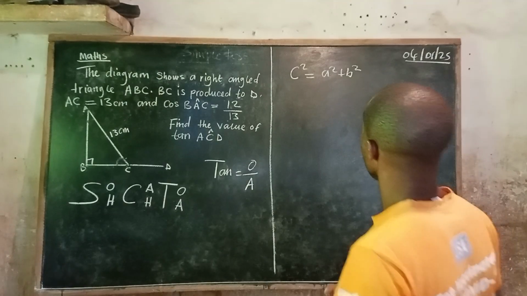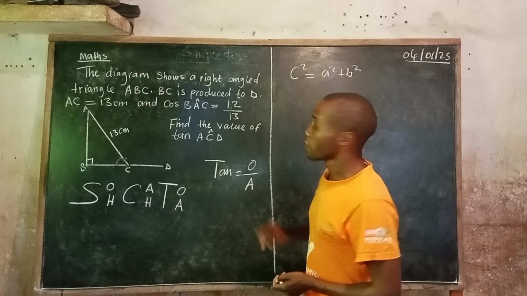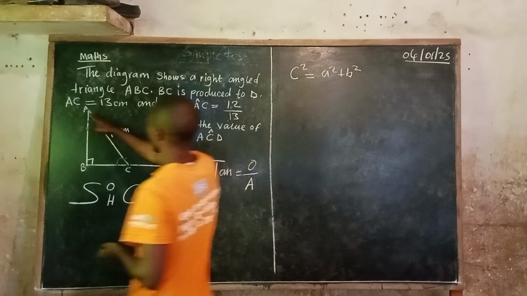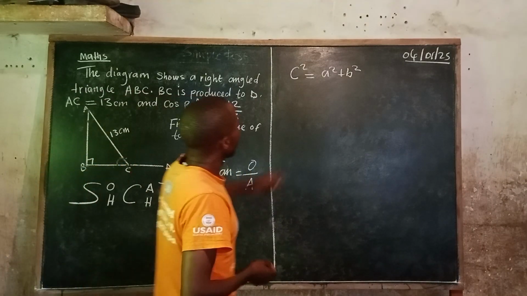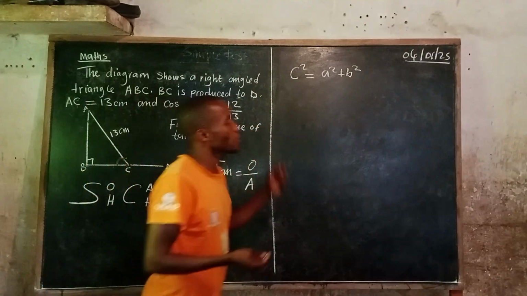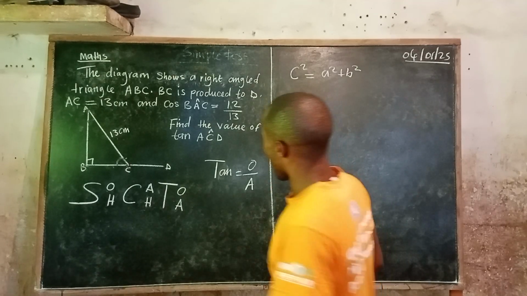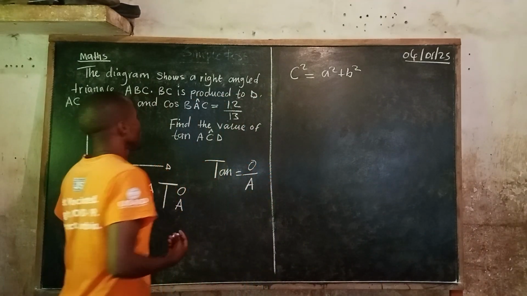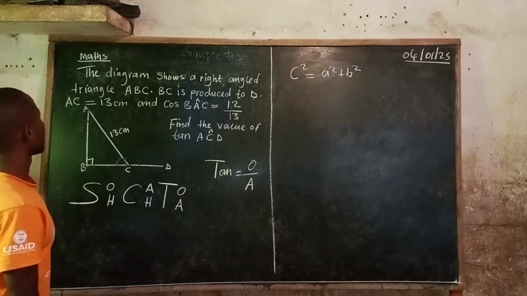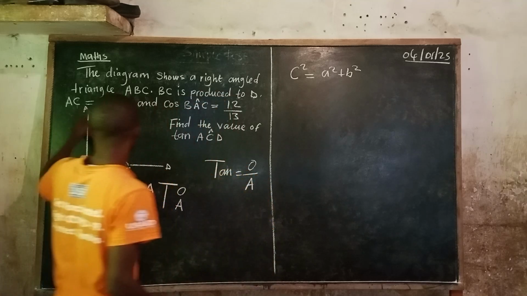So now let me talk about these letters. This C squared is representing the hypotenuse. Then A is representing the adjacent. Then B is representing the opposite. Okay, so now in this case, which one is our adjacent? Adjacent we have is 13. Okay, this side.